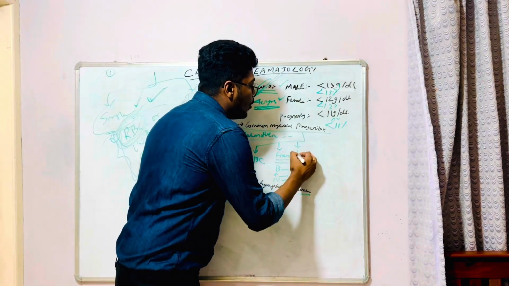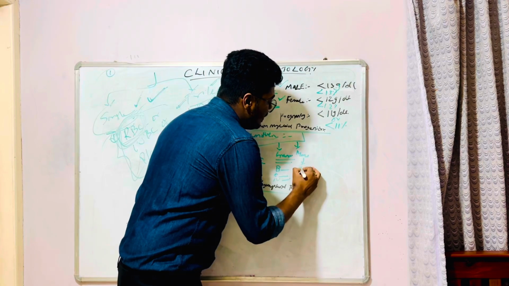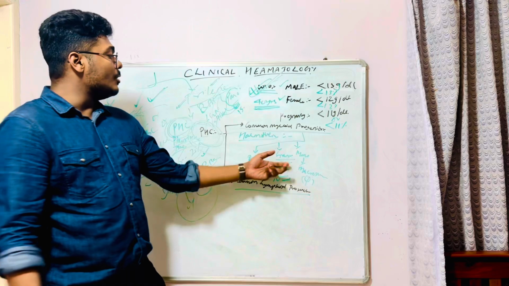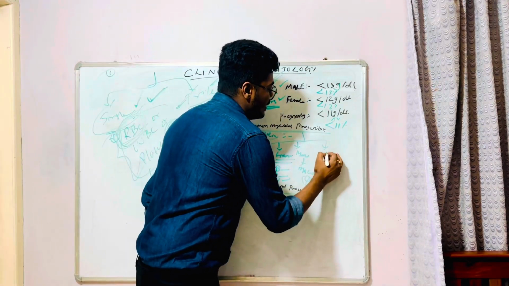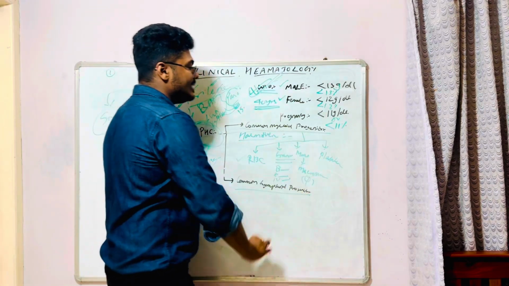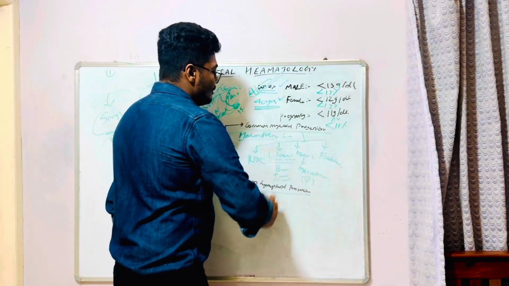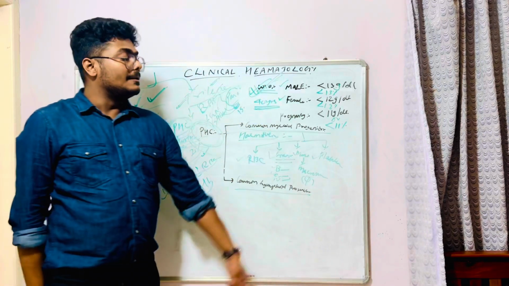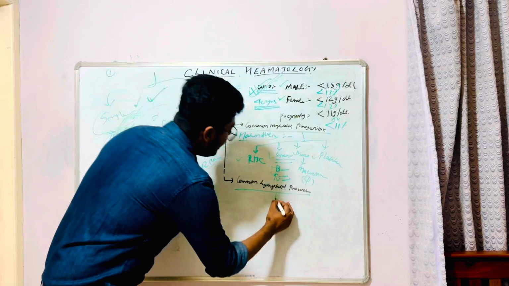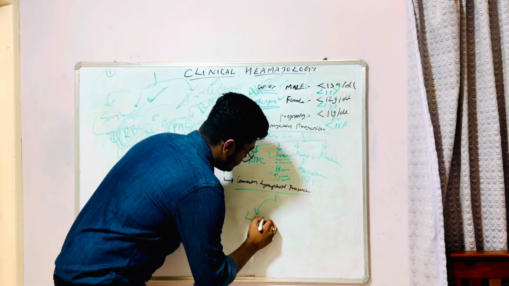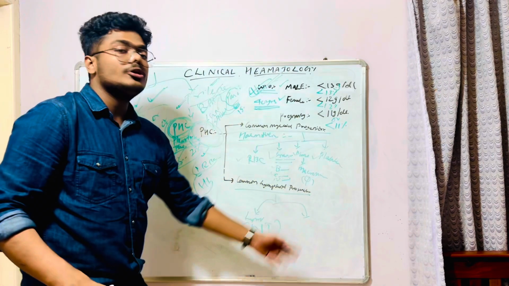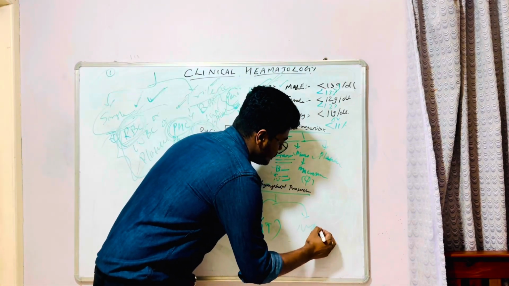Again, you will be getting monocytes, which will be forming macrophages, and also platelets. Then from the common lymphoid progenitor, you will be getting lymphocytes, which will again form B and T lymphocytes, and also you will be getting NK cells.